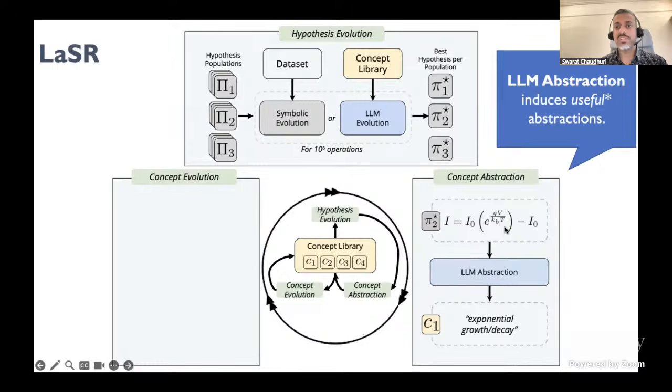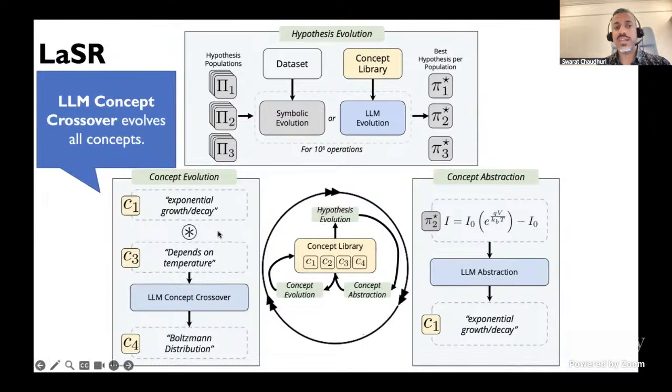This evolution process has two stages. First, you take your new program pool and ask the LLM to abstract it into natural language, high-level descriptions. For example, here the LLM is telling you that this equation represents exponential growth or decay.